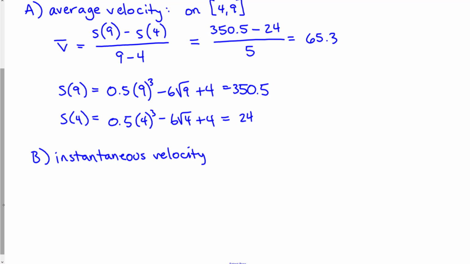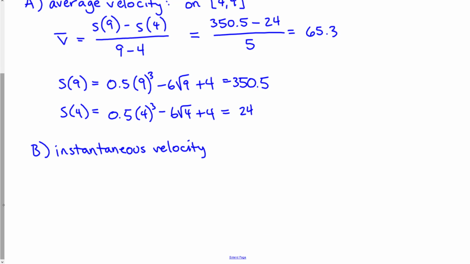We find this by doing a derivative. So the velocity function, sorry, not the average, the velocity function is going to be the first derivative of the position function. That's what we need to come up with.